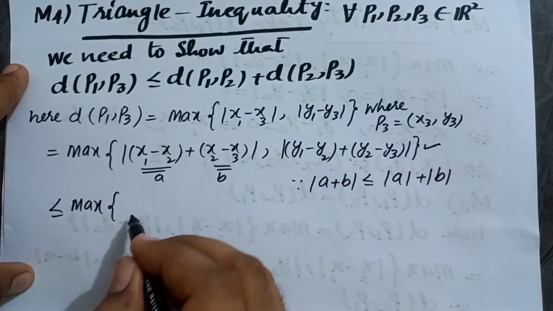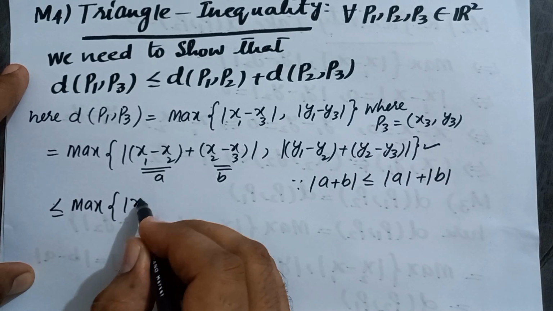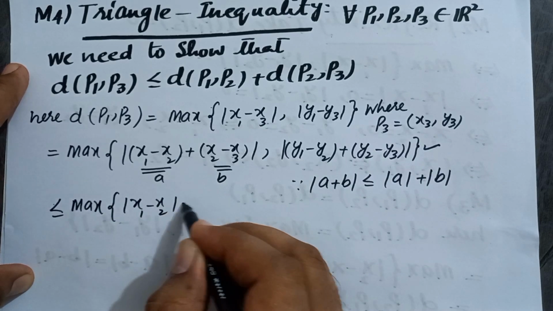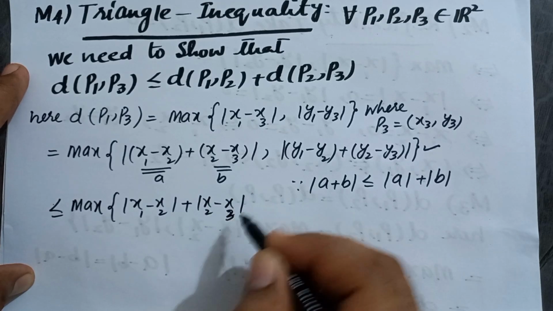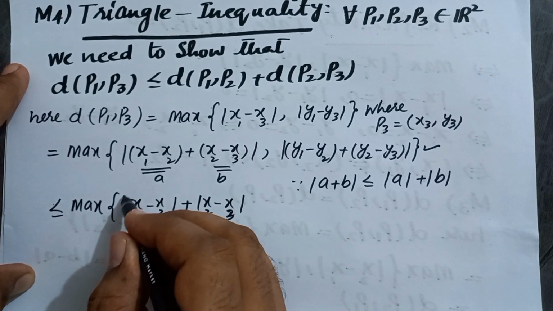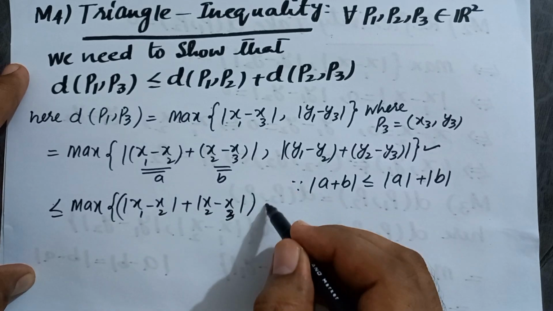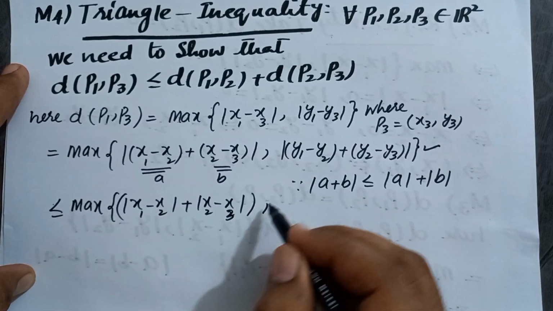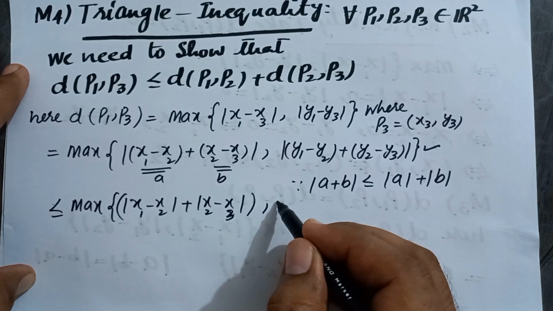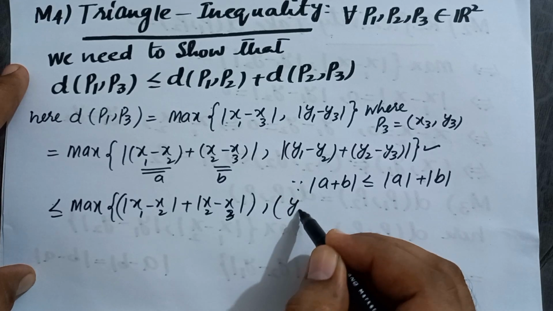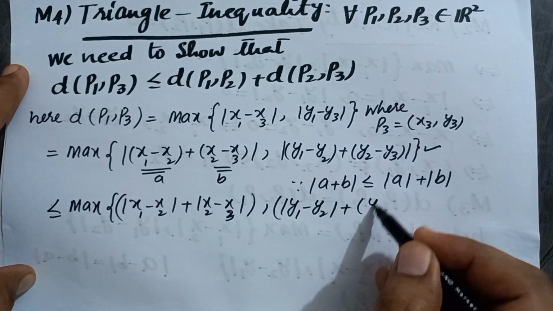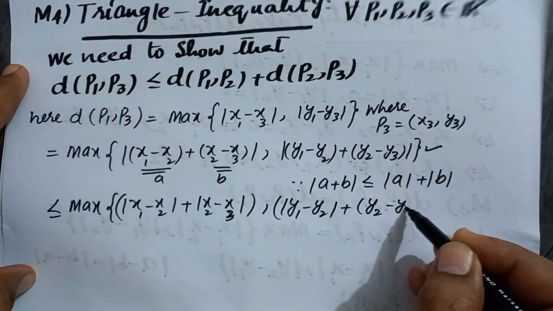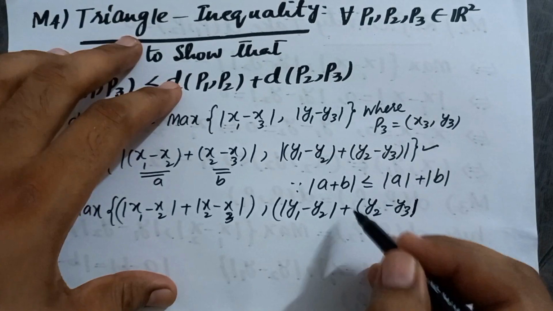This becomes absolute x1 minus x2 plus absolute x2 minus x3, and absolute y1 minus y2 plus absolute y2 minus y3.